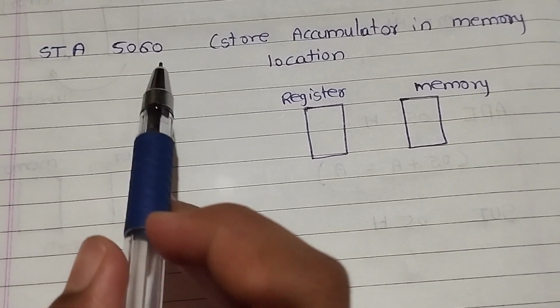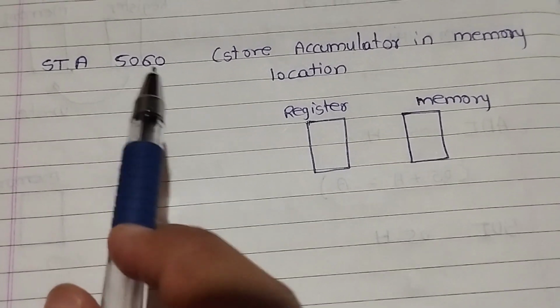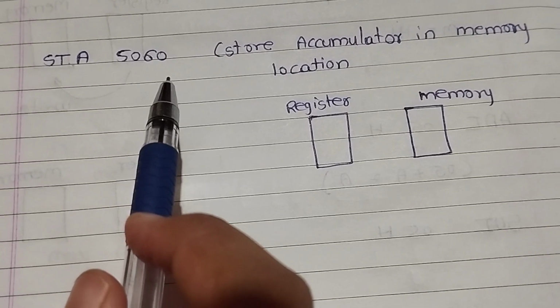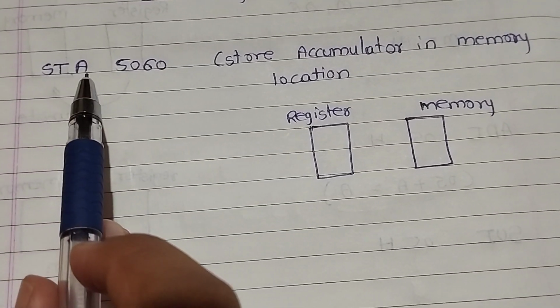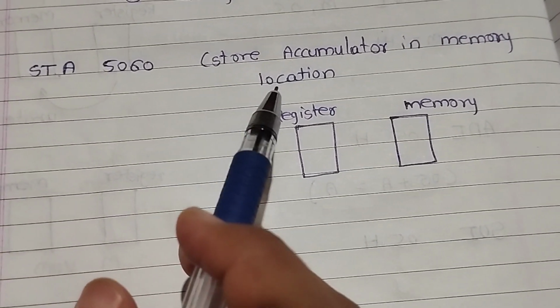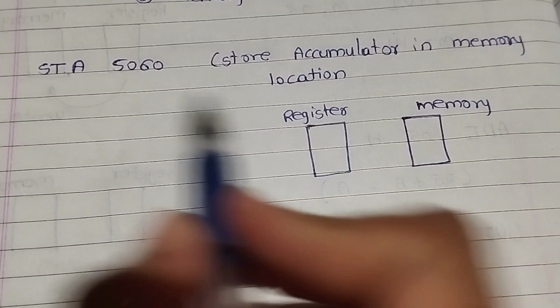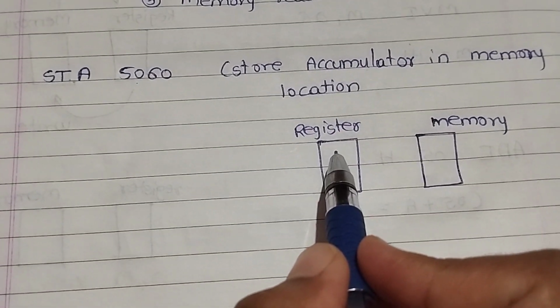The second instruction is STA 5060, which is a 16-bit address, and the meaning of this instruction is store accumulator in a memory location. First our least significant byte goes from memory to register.